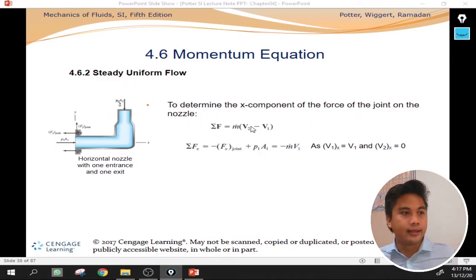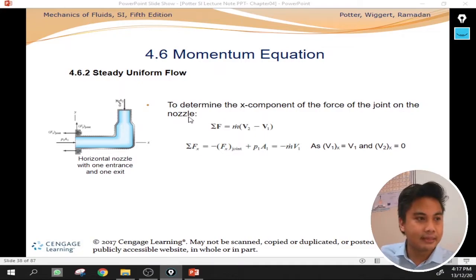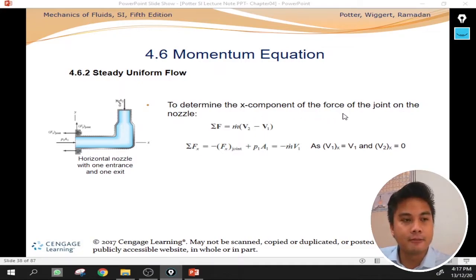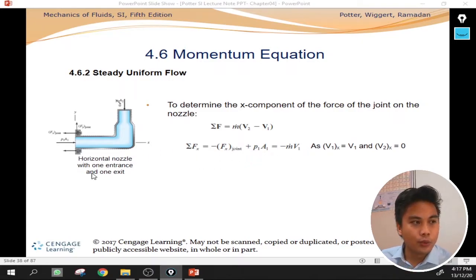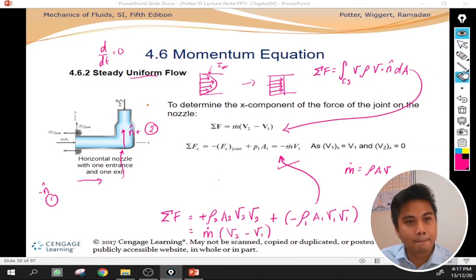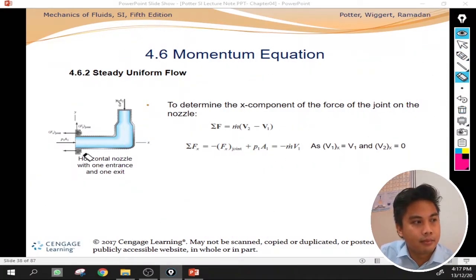Alright. And next, this is how they show one example of steady uniform flow, where we need to determine the x component of the force of the joint on the nozzle. So from here, we know that the flow is coming from here to here, right?